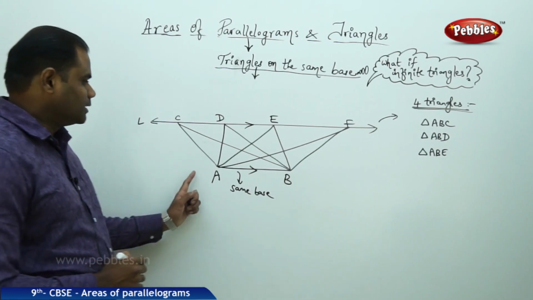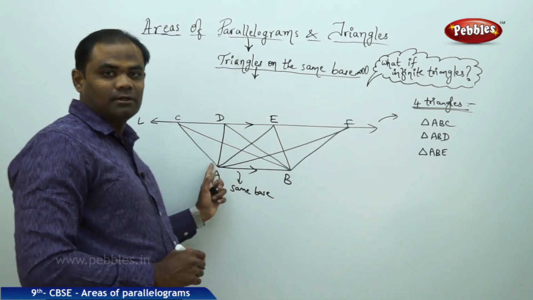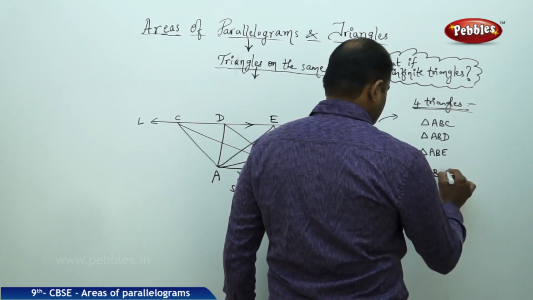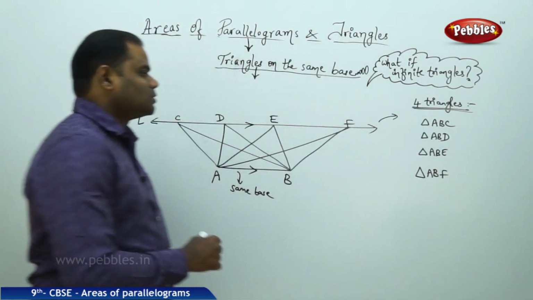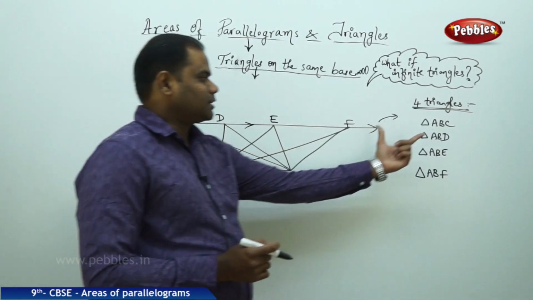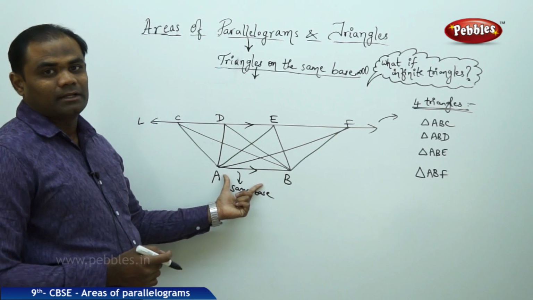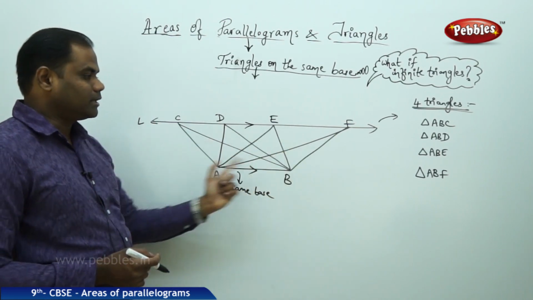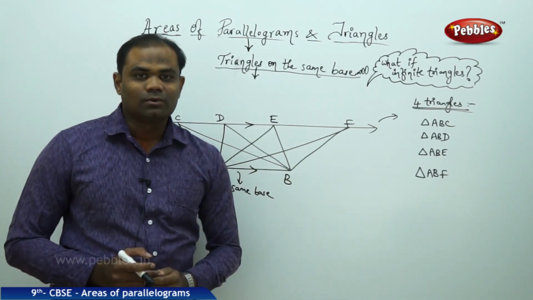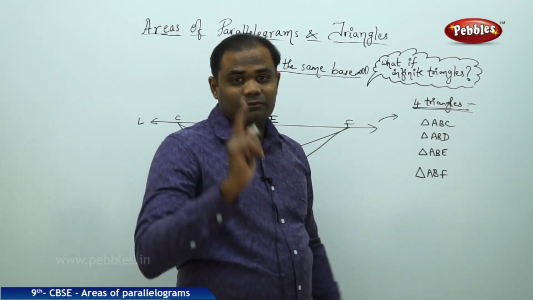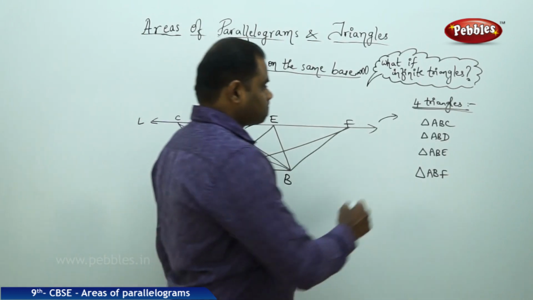And the fourth triangle is ABF, as taken here. So these are the 4 triangles which I have taken with the same base AB and between the parallels L and AB. So we have more than 2 triangles, that is 4 triangles, with the same base AB.